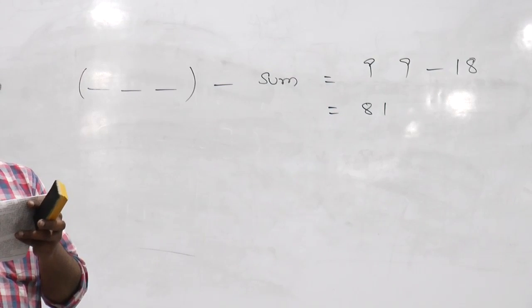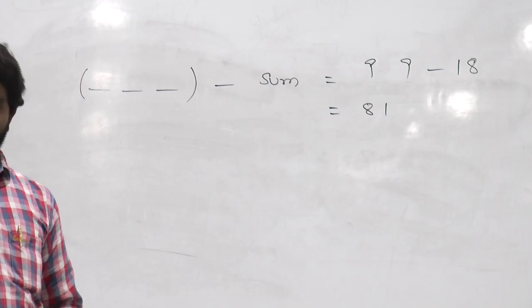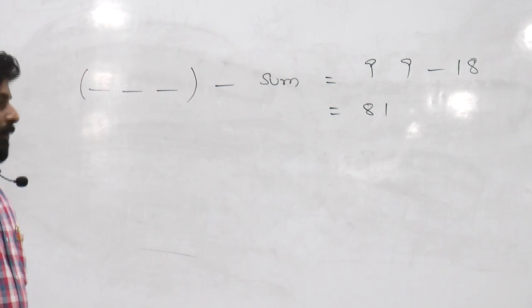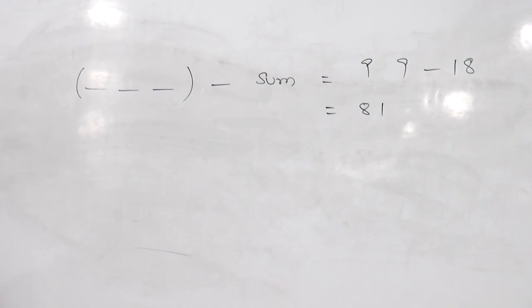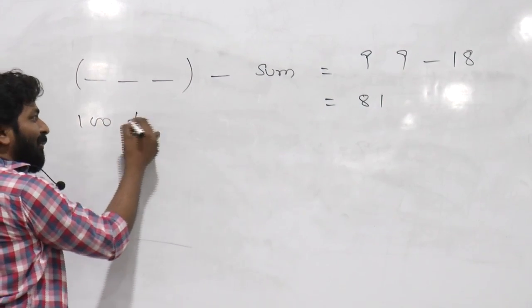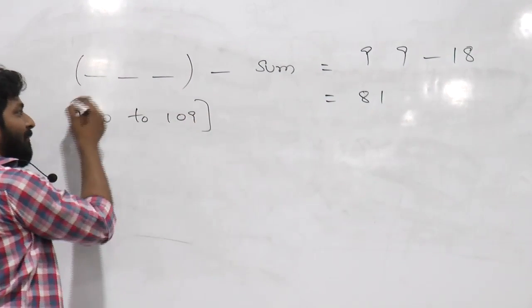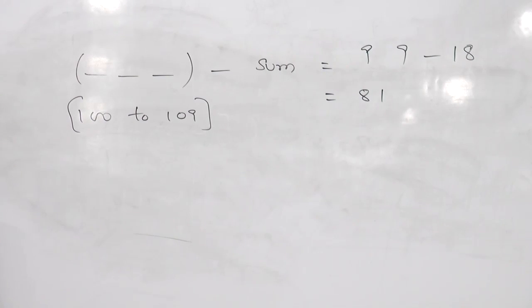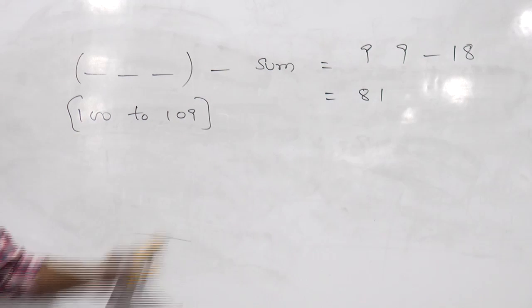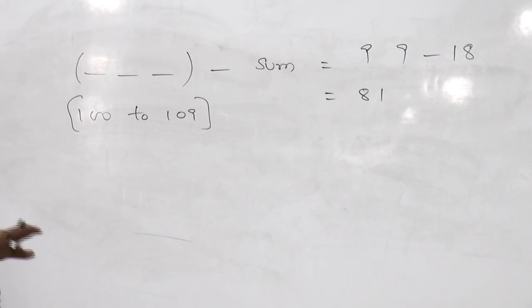Which of the following is a factor of the original three-digit number? Original three-digit number, 100 to 109. For every number, you will find so many factors. So to identify the answer for this question, first of all you need to have options.